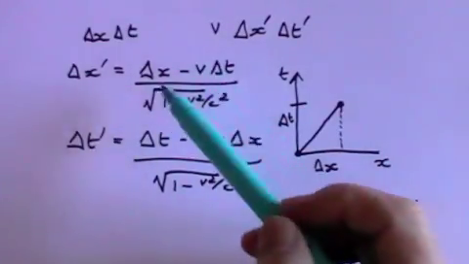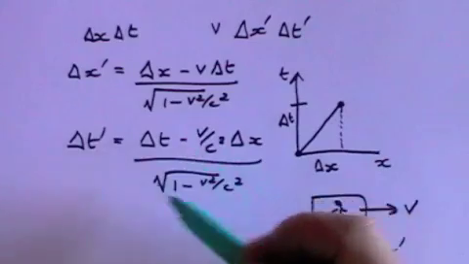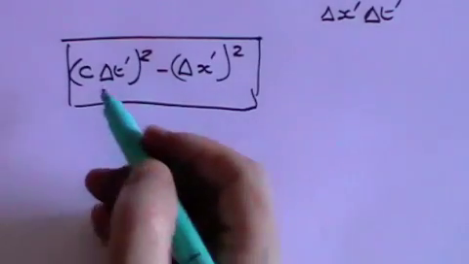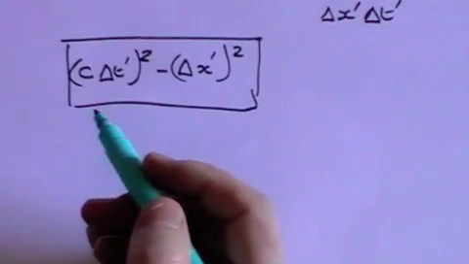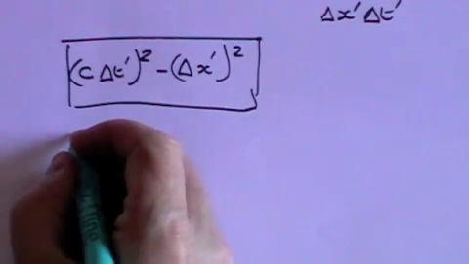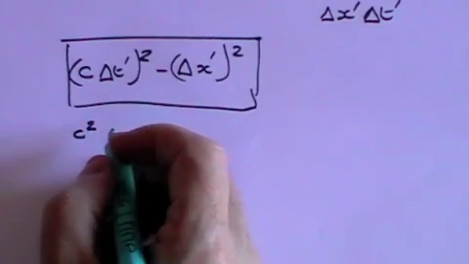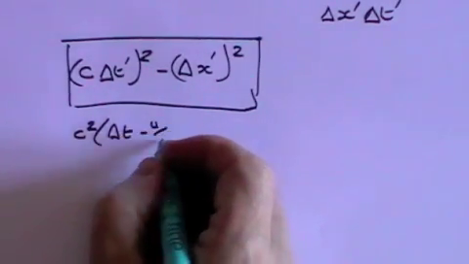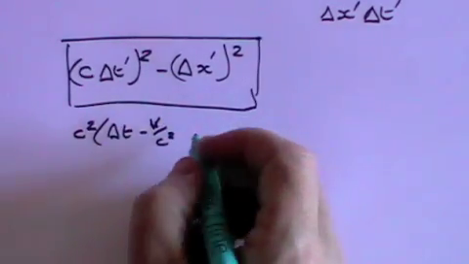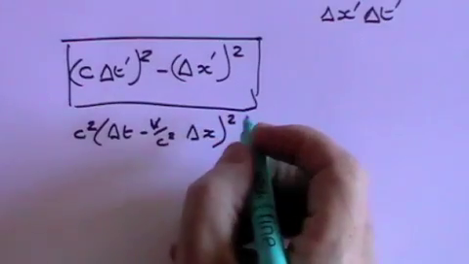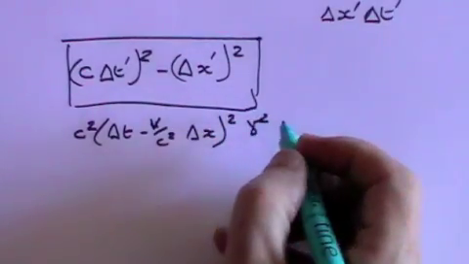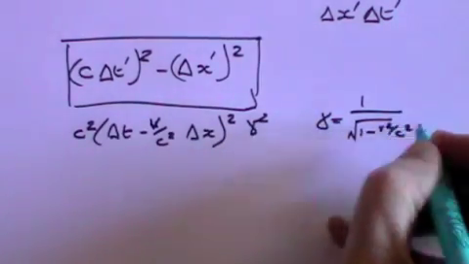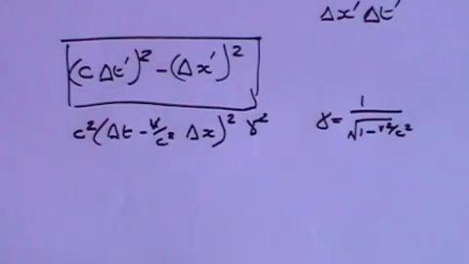If we do that, we shall get that this is c squared times delta t prime squared, which is delta t minus v over c squared delta x, squared. And I'm going to put in a term gamma squared. Gamma is 1 over the square root of 1 minus v squared over c squared. It just saves me writing it out so many times.